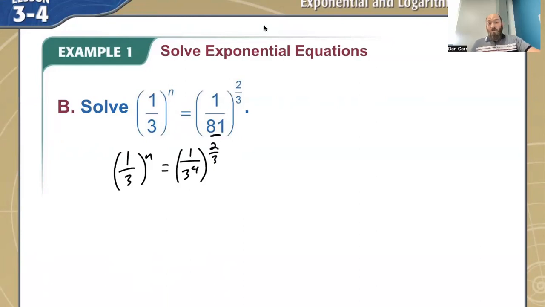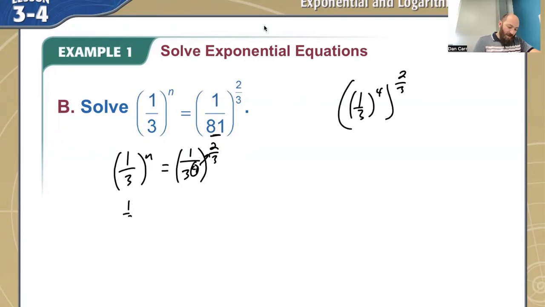So what I'm allowed to do is take this exponent here, this 4, and multiply it to that power, because this is the same as if I took 1/3 to the 4th as well, and I'm raising that to the 2/3 power.